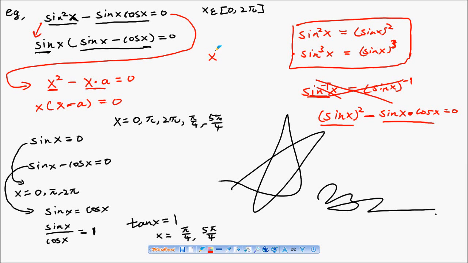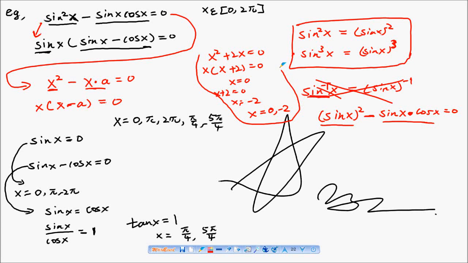Sometimes we have x squared plus 2x equals to 0, and we can take the x out, so it is x bracket x plus 2 equals to 0, and your x is 0, or x plus 2 equals to 0, and x equals to minus 2. So you have two answers, x equals to 0 and minus 2. What I did here is just similar stuff.